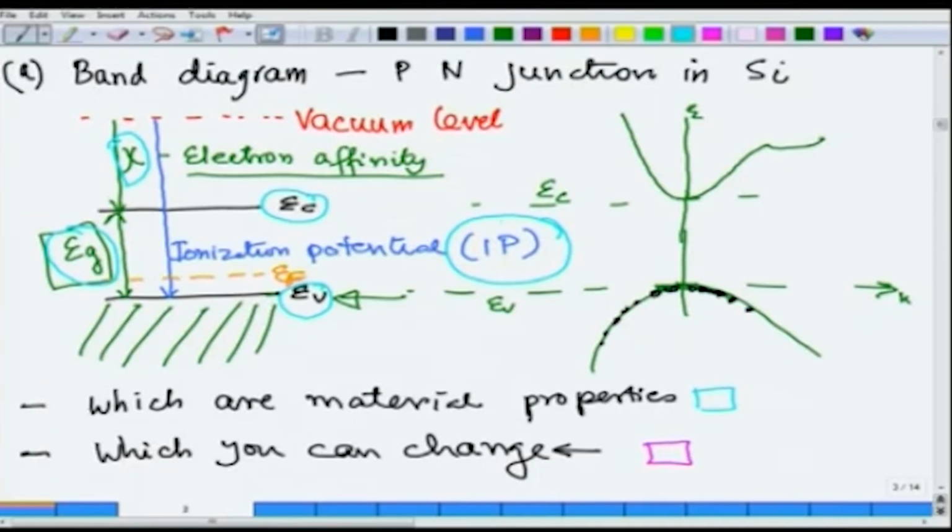Once you say silicon, they are all already set. But some other quantities you can change, and that is this quantity, the Fermi level. That we have learned in several of the previous lectures, where we have derived carrier statistics. You know that you can put a donor like phosphorus in silicon, or an acceptor like boron in silicon, and you can move the Fermi energy.